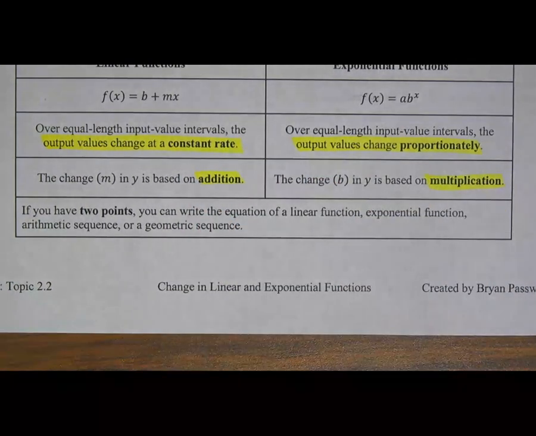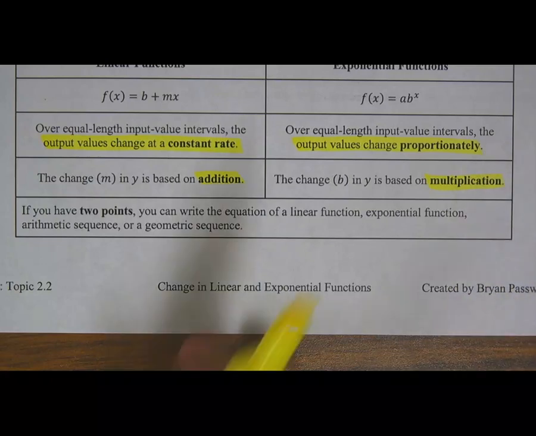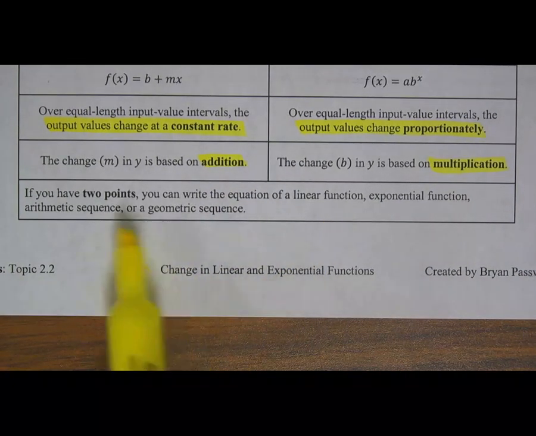Proportionally, that just means we're multiplying by the same amount each time. It's being raised or decreased proportionally to the last term. It's a proportion. Just look at that word and think multiplication. Okay? And then the word problem, here's how you're going to tackle those.